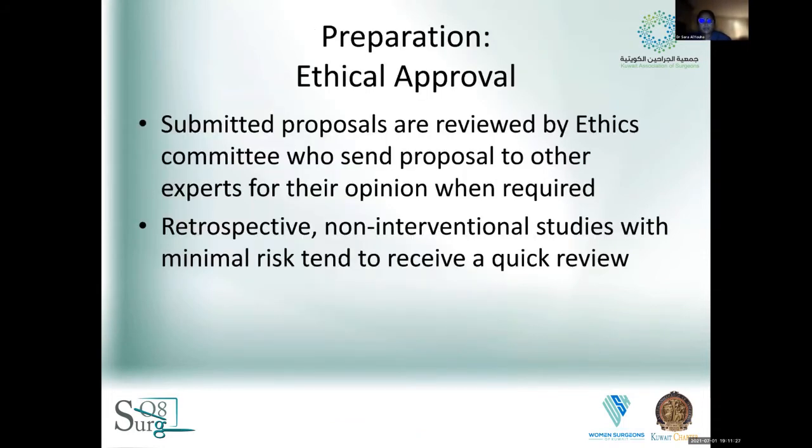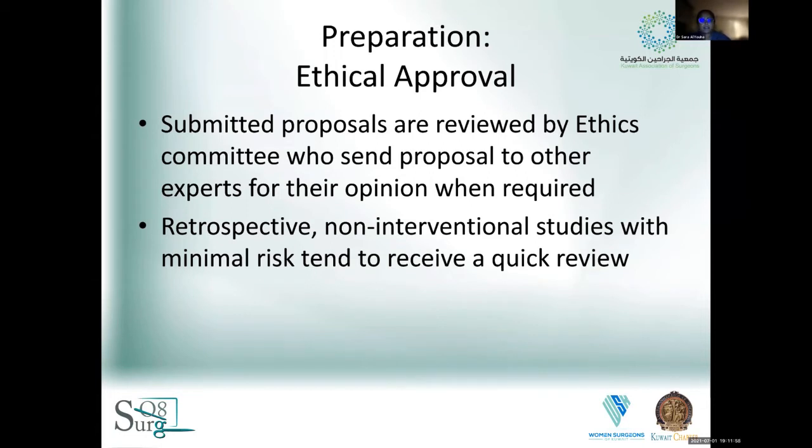The submitted proposals are reviewed by the ethics committee, who I know meet on a regular basis. If your proposal is interventional or has some complexity, then they forward your proposal to relevant bodies. So for example, if your research is based on something microbiological and involves taking specimens or giving interventions, they might send it to people in the university with expertise in this area for their opinion.